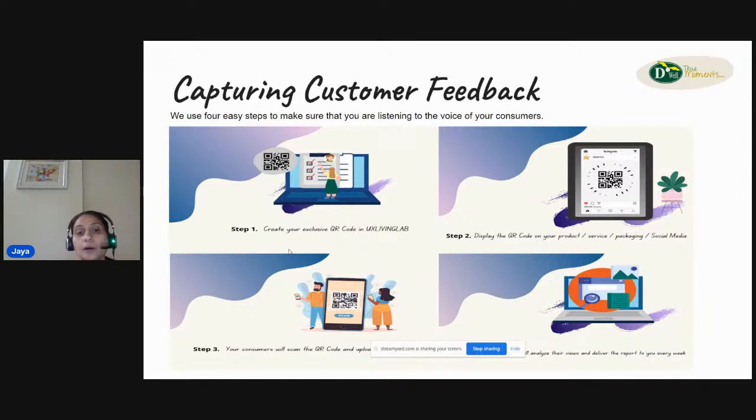Then the consumer can upload their feedback through this QR code, and they can even scan it for whatever service they require. After that, we will deliver all the views and the report to you, whatever you require from us. So the four steps are: create your QR code, display it, let customers upload feedback, and we'll deliver your views and report.